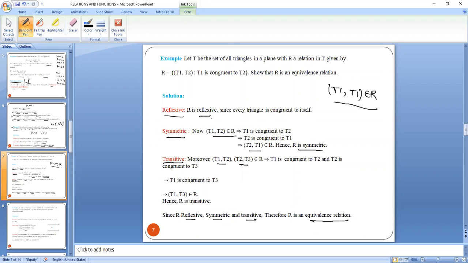If any one of the conditions is not true, suppose the relation is not reflexive but it is symmetric and transitive, the relation will not be equivalence. If it is not symmetric but reflexive and transitive, it will not be an equivalence relation. Same with the third condition. For an equivalence relation, all the three conditions, reflexive, symmetric and transitive, should hold for a relation.